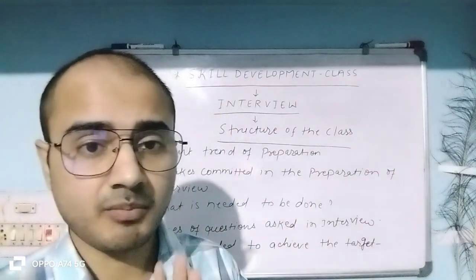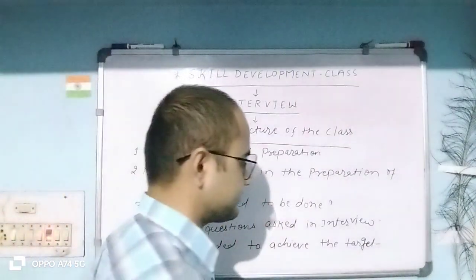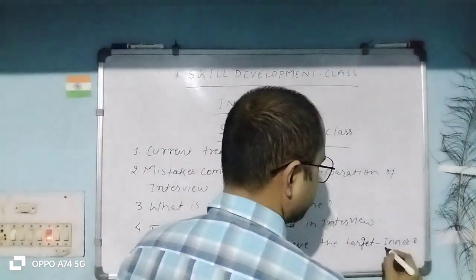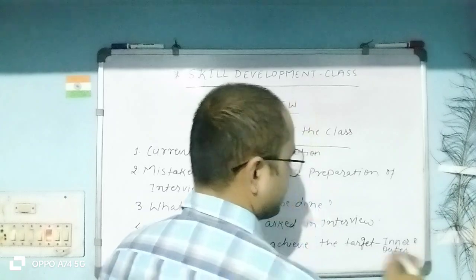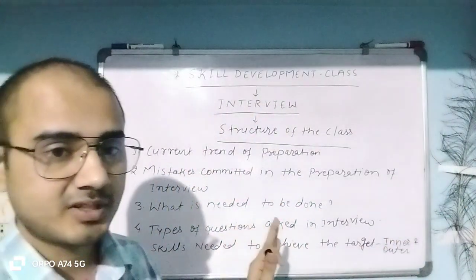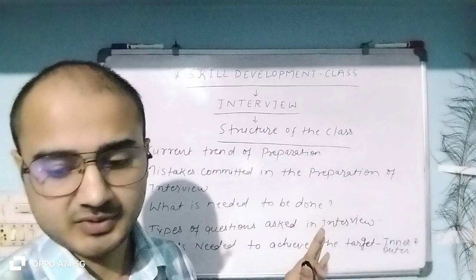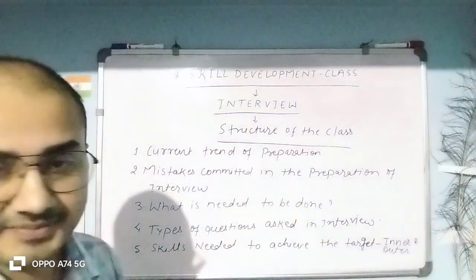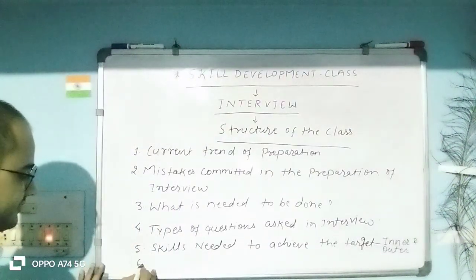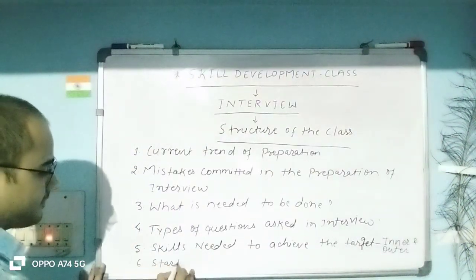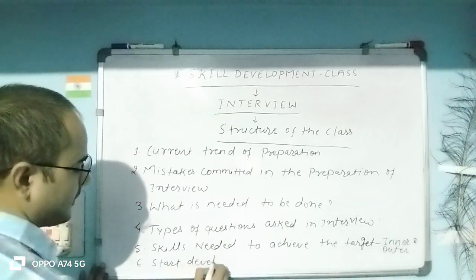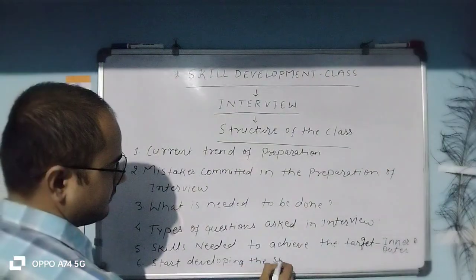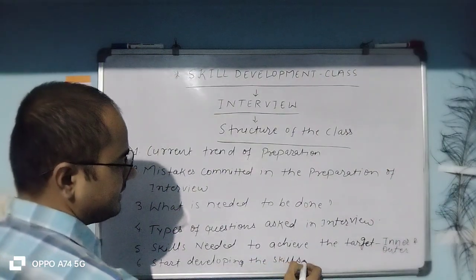You need to develop both the skills, inner and outer. We will discuss both kinds of skills and try to develop them. Now, the last point, what to do is start developing the skills.